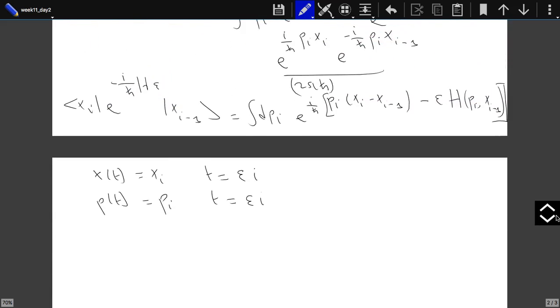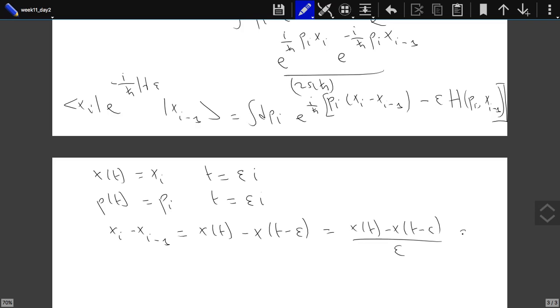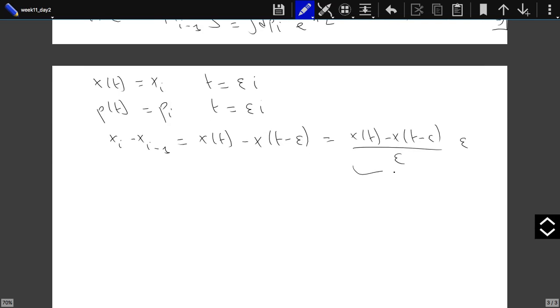So if this is the case, let's say we have xi minus 1. This is equal to x of t minus x of t minus epsilon. But this is x of t minus x of t minus epsilon, over epsilon, times epsilon. Remember, eventually I will take the limit as epsilon goes to 0. If I take that limit, this is nothing but dx by dt times epsilon.